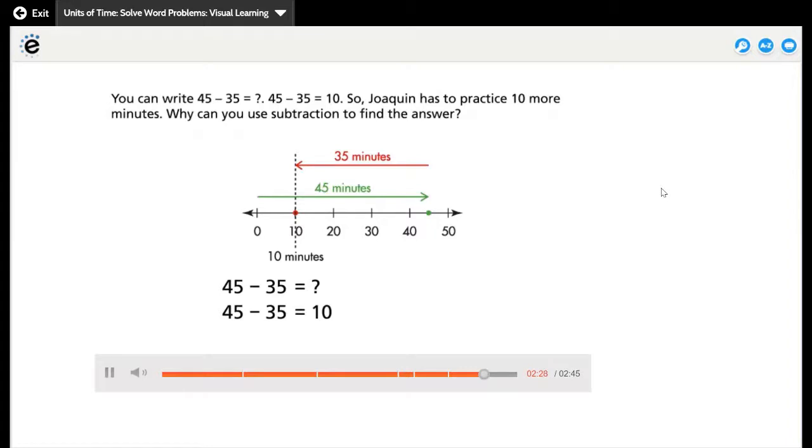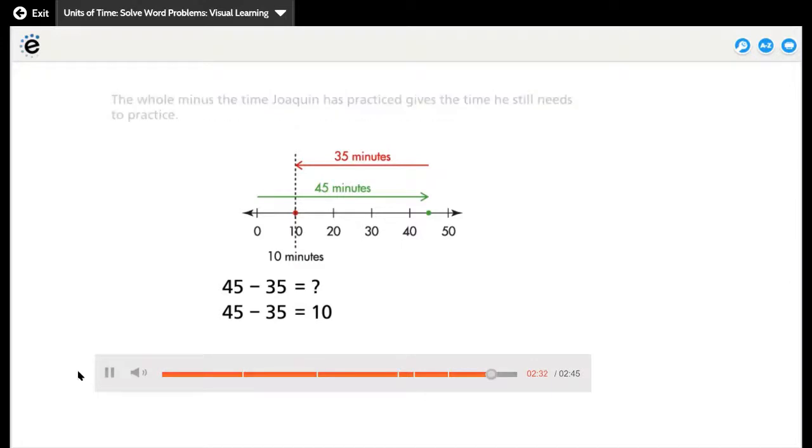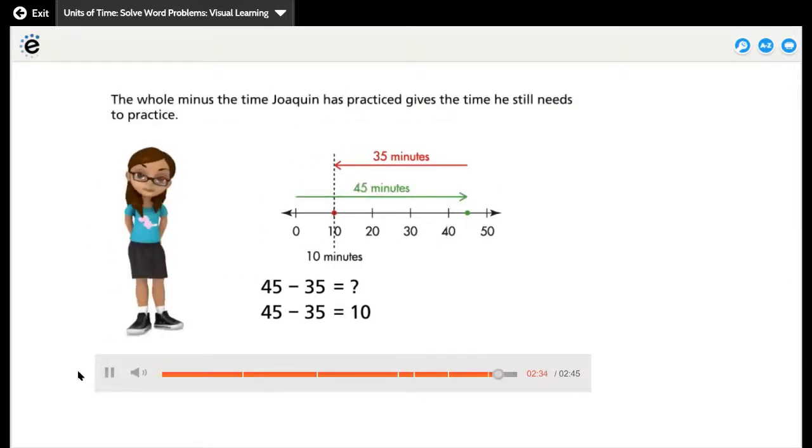Why can you use subtraction to find the answer? The whole minus the time Joaquin has practiced gives the time he still needs to practice. Now you know how to add and subtract time intervals. Let's start to solve some questions.